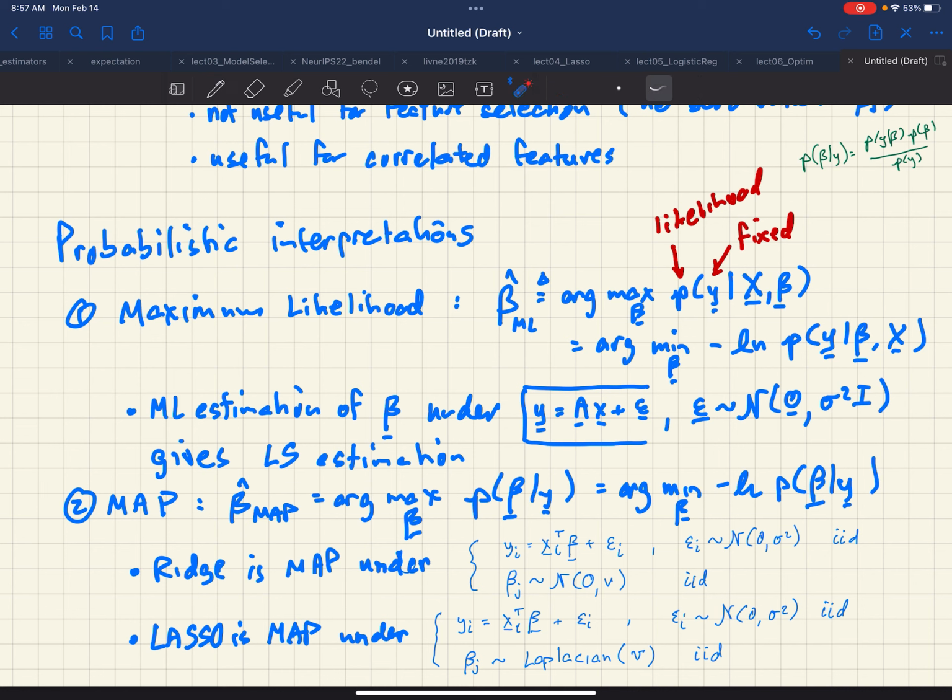Because if I told you that there was no noise here and y is exactly equal to ax, then in any data set where y is not equal to ax, you would immediately know that this is not a good model. So we need to account for the differences between our targets and, actually, sorry, there's a mistake here. This should be x beta. Sorry about that.